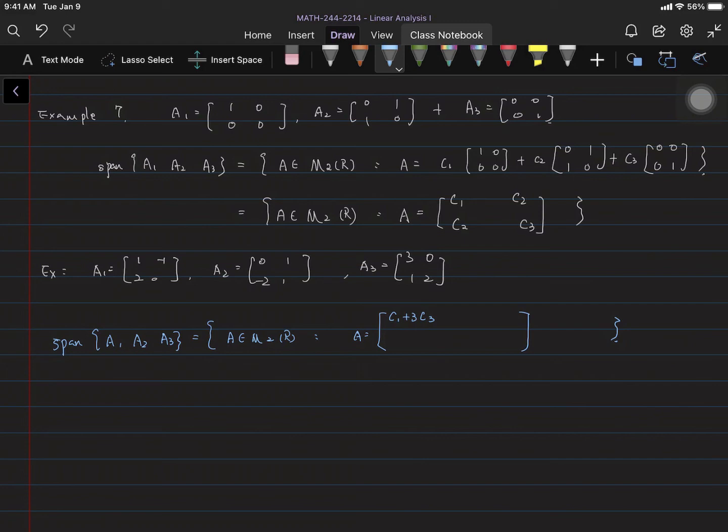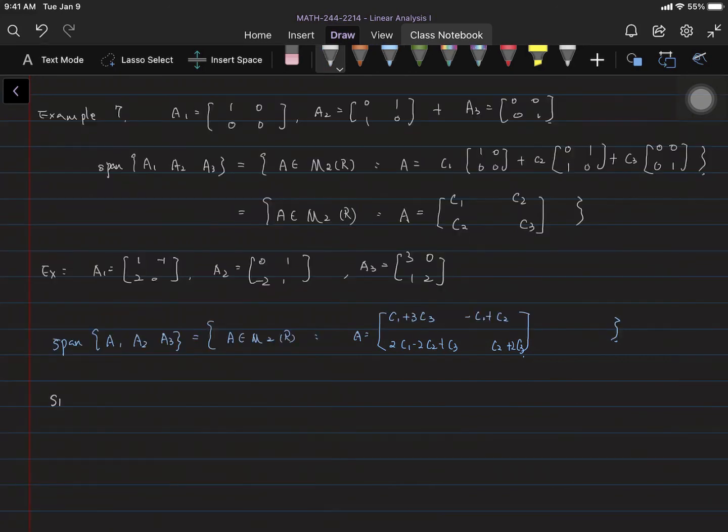This position is -C1 plus C2, and this position should be 2C1 - 2C2 plus C3. This position should be C2 plus 2C3. So all the matrices have this kind of form. Okay, we can stop this section.